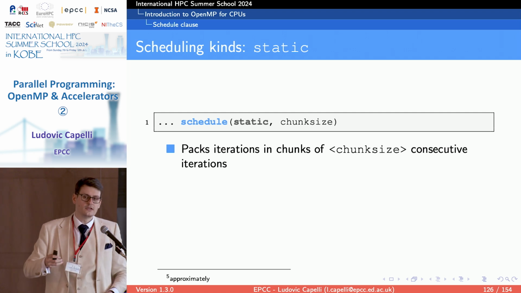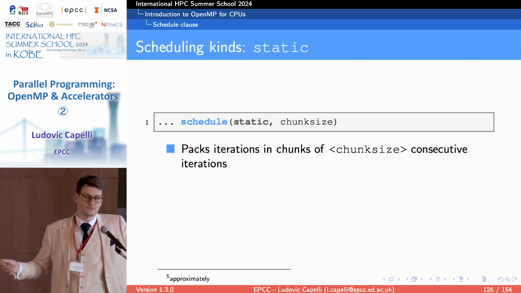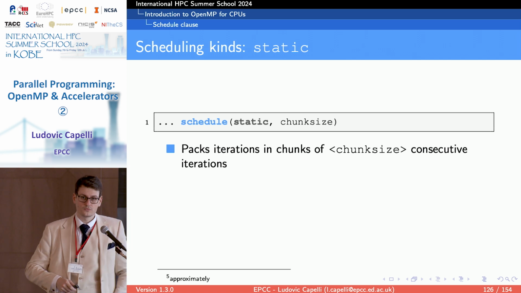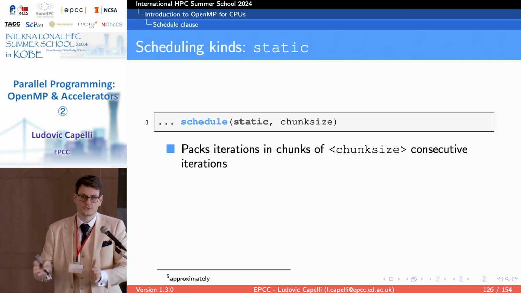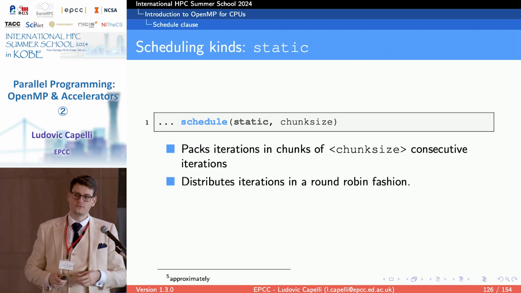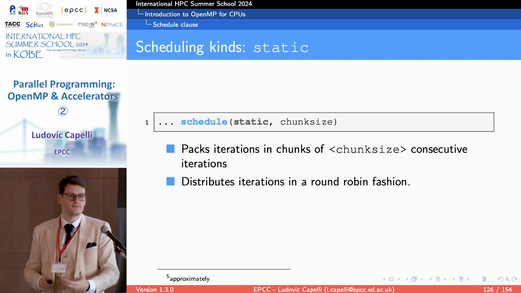So if I have 10 iterations, 2 threads, and a chunk size of 2, I'm going to create 5 groups of 2 consecutive iterations. Then I'm going to distribute that in a round-robin fashion.